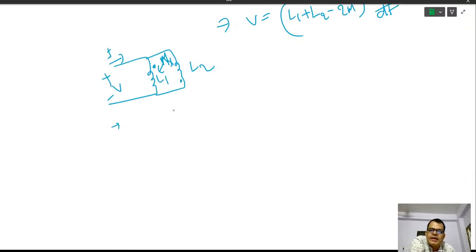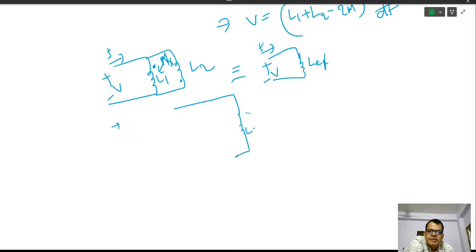Instead of doing that, you just convert into an equivalent single inductor like this, L equivalent, with the same V and I. So here you have to do only one thing. This is converted to Laplace, L2S, and this linking is the MS.